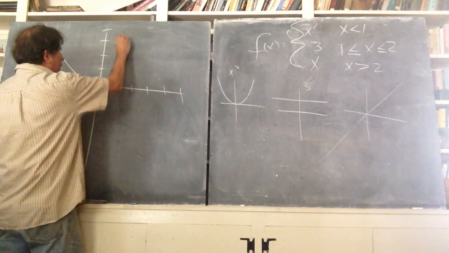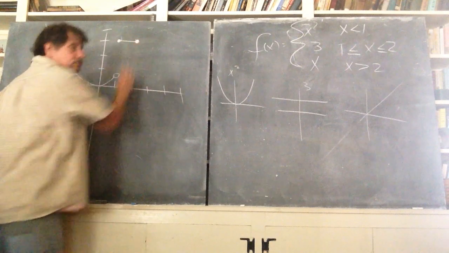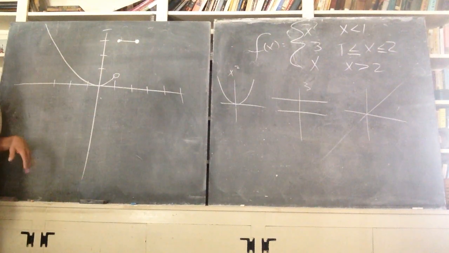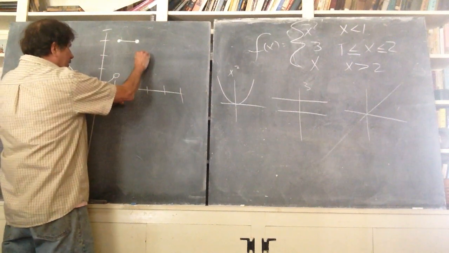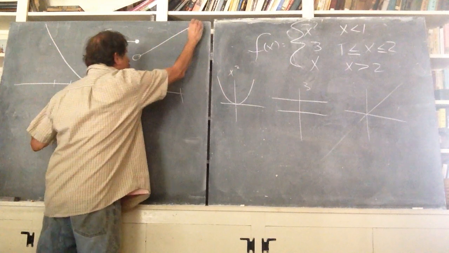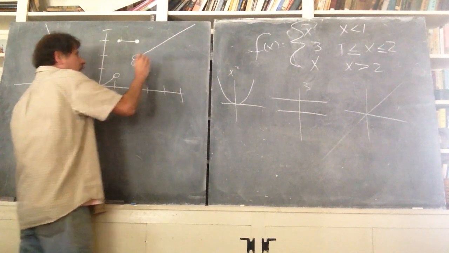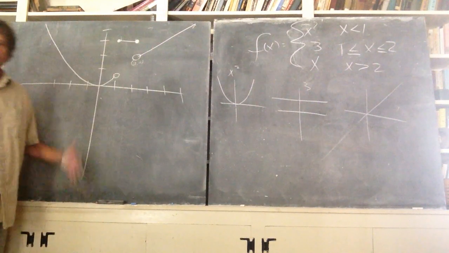Closed circle. It's closed. Another closed circle. And then from 2 on, open circle. This is the point (2, 2), by the way. From 2 on, it looks like that, forever and ever.